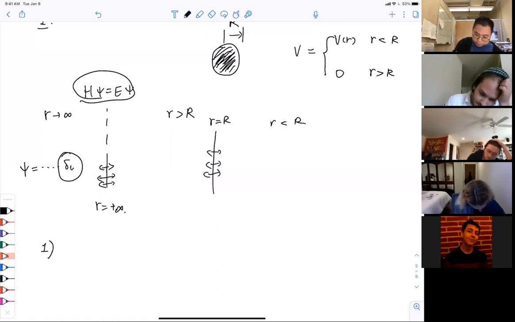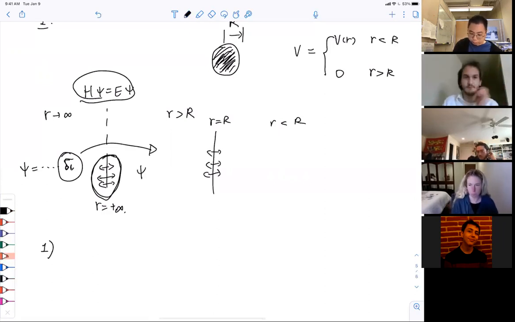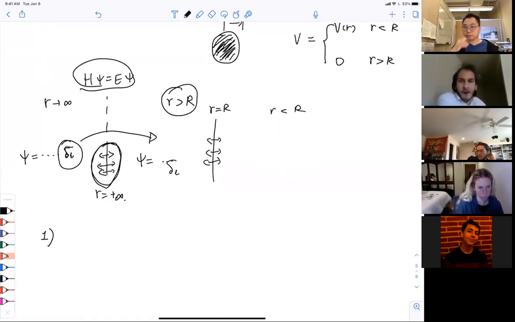We basically match the boundary condition at r at infinity. Then we can transfer the delta L to the coefficients of the wave function in this regime, with some delta L dependence, and then match this boundary.